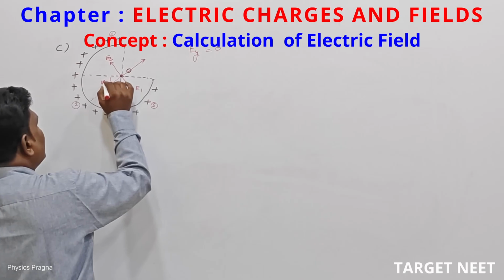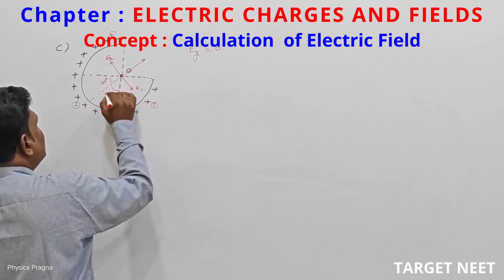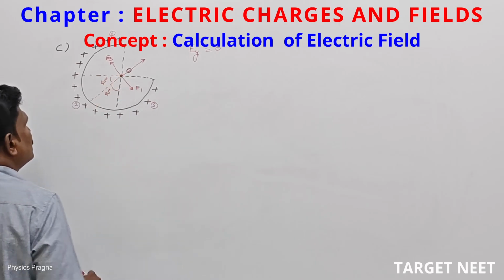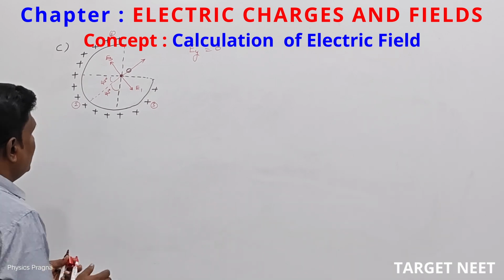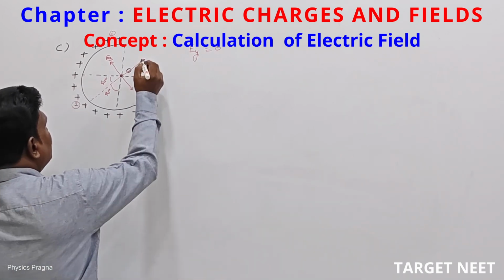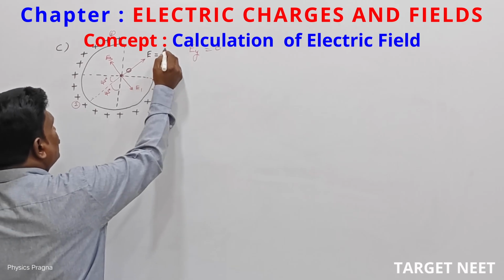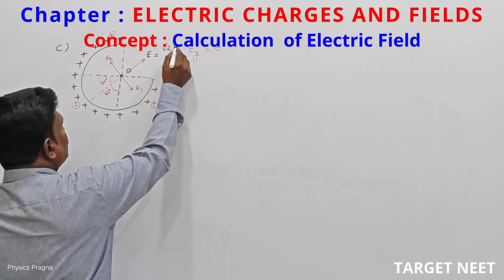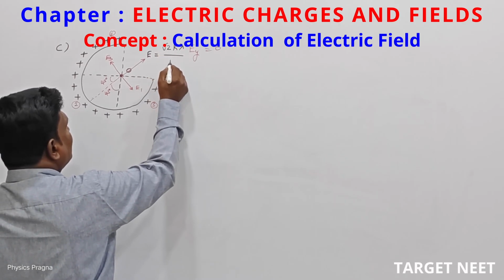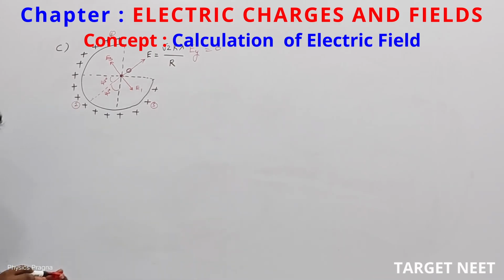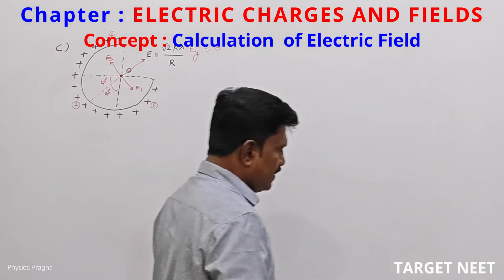We know that this is 45 degrees and this is 45 degrees. So here the electric field value E is equal to, this is the direction of electric field, E is equal to root 2 k lambda by R. So this value you have to remember.